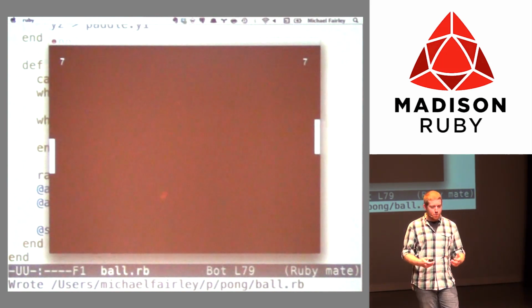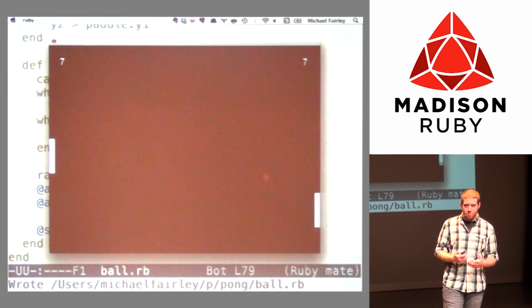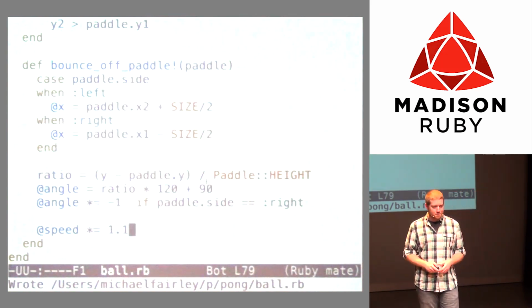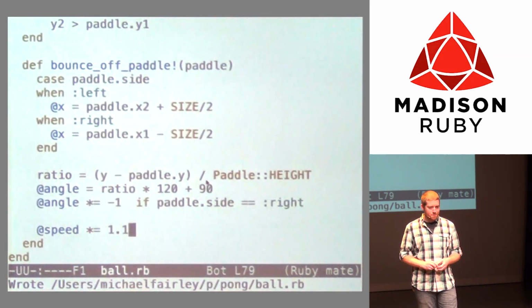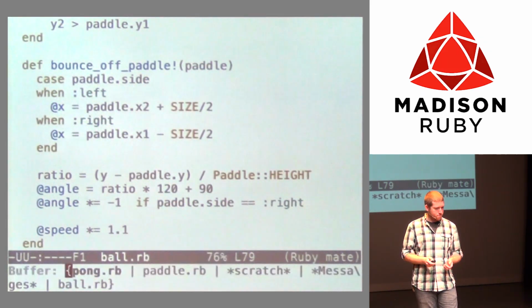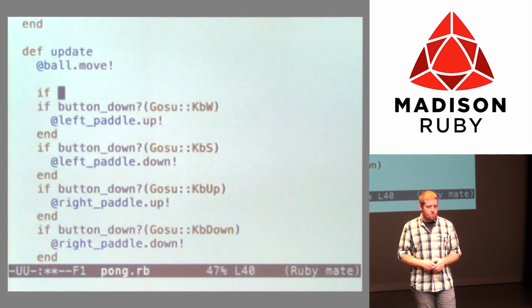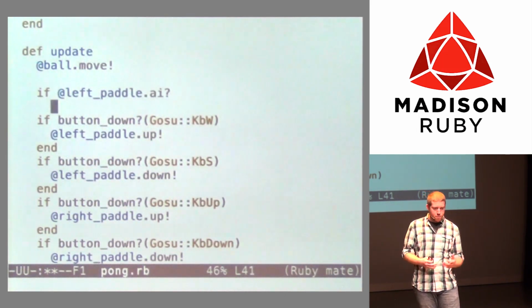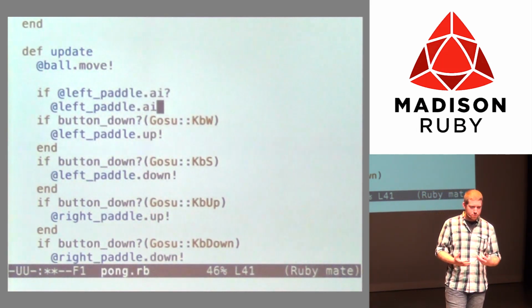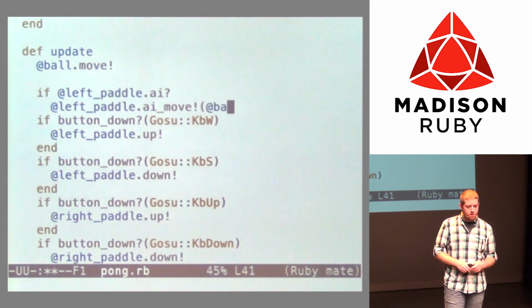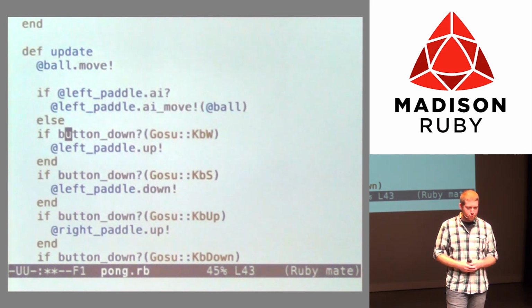And so I'm a little bored of playing Pong by myself, so let's add a simple AI for me to play against. So during our update method, if the left paddle is an AI, we'll ask it to move itself and prevent the human from controlling what's going on.